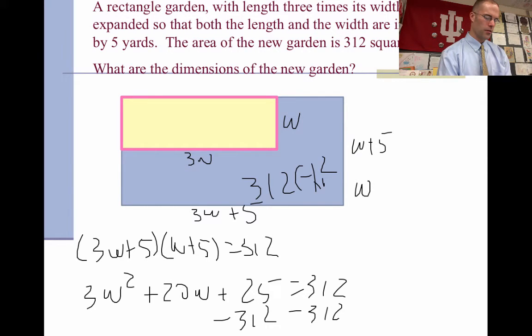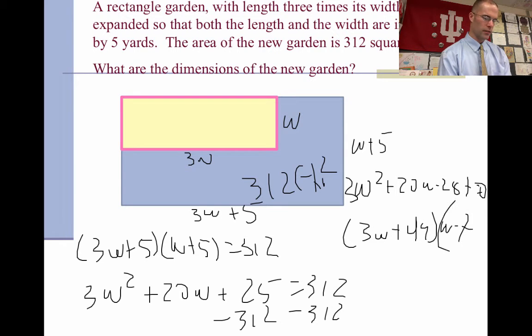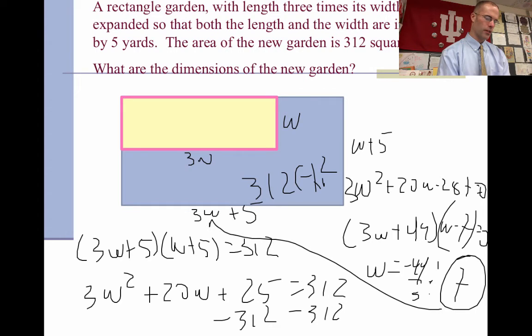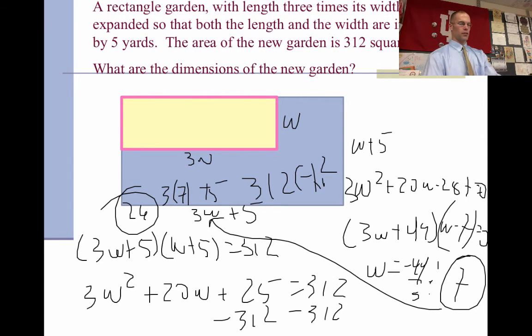So that gives me 3W squared plus 20W minus 287. So then when we factor, we're going to get 3W plus 49 and W minus 7. So here, this is going to give me negative 49 thirds and positive 7. So only the positive 7 is going to work. We take the positive 7, plug it in right here. So that's going to give me 3 times 7, which is 21, plus 5, which gives me 26. So the length is 26, and the width is 7.